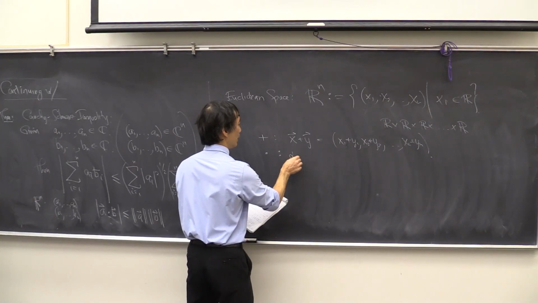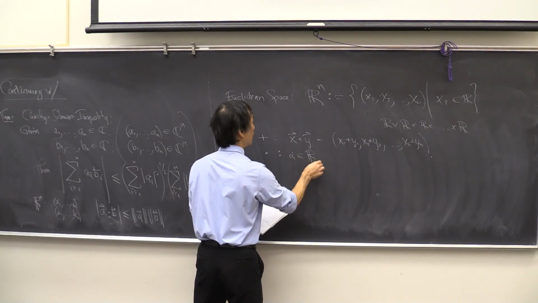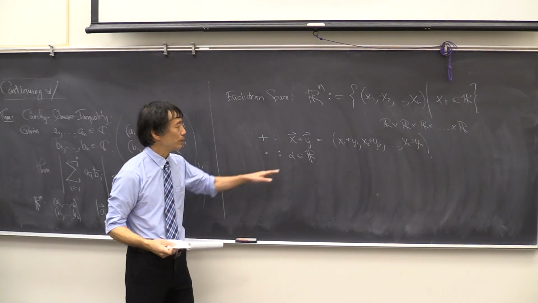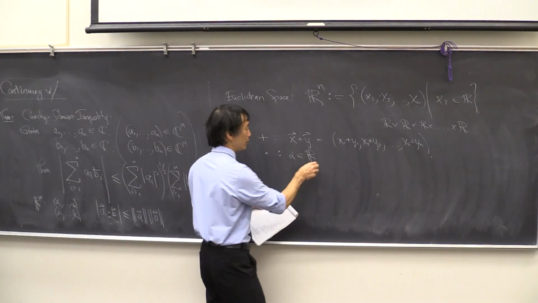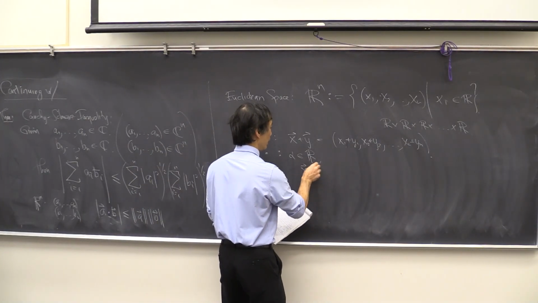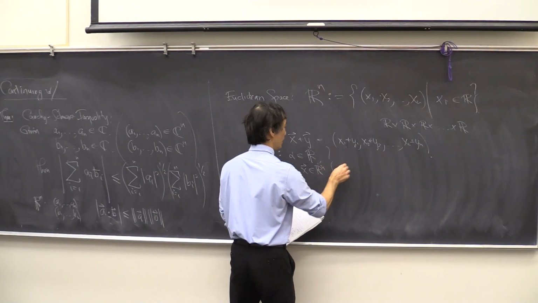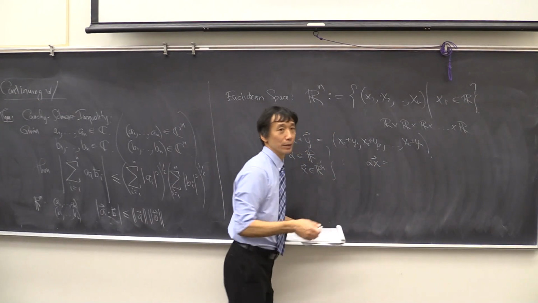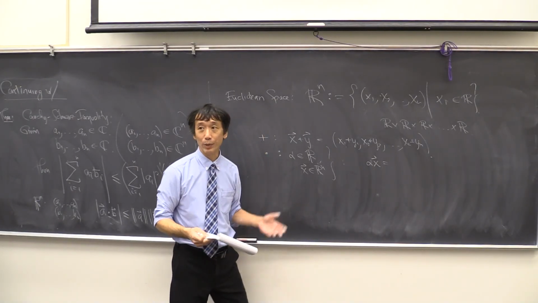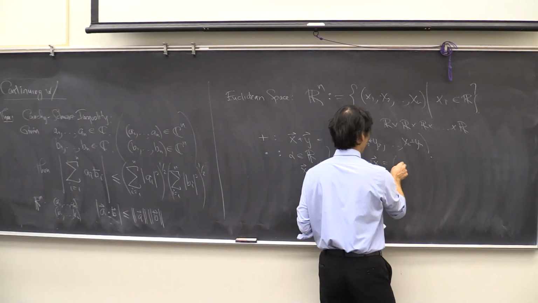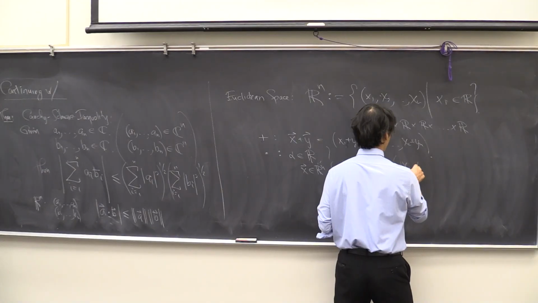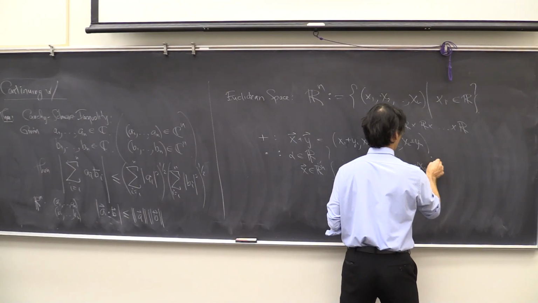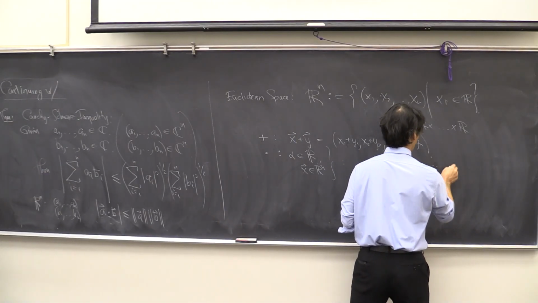If you have a number alpha in the reals and a vector in Rn, you can define the scaled vector just by scaling every component: alpha x1, alpha x2, up to alpha xn.